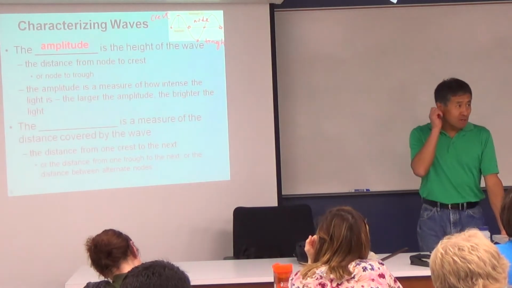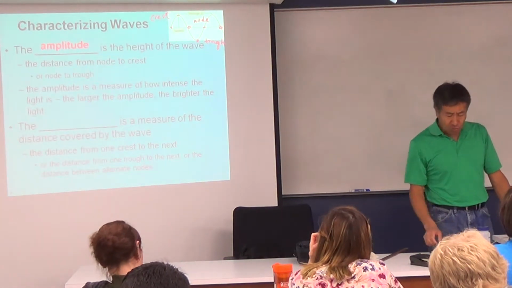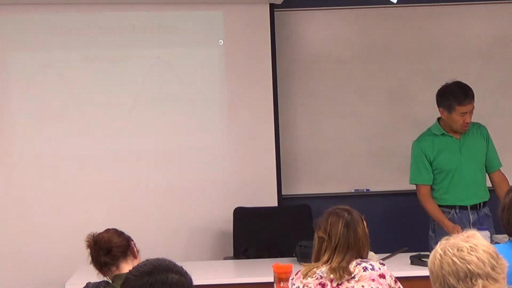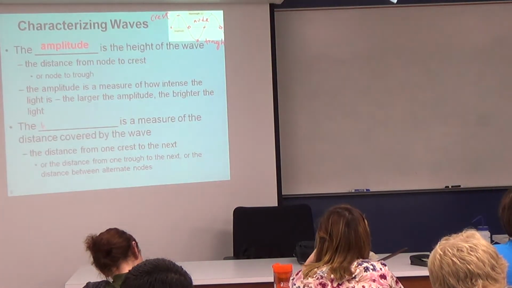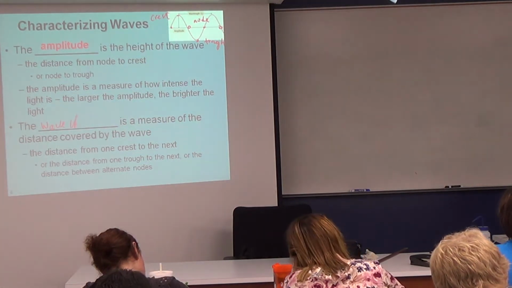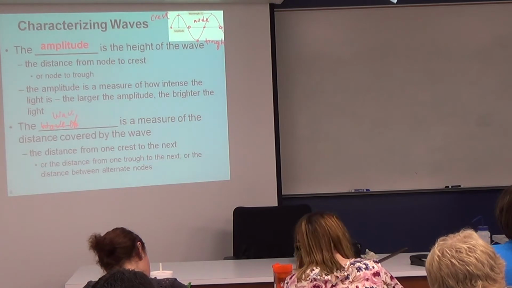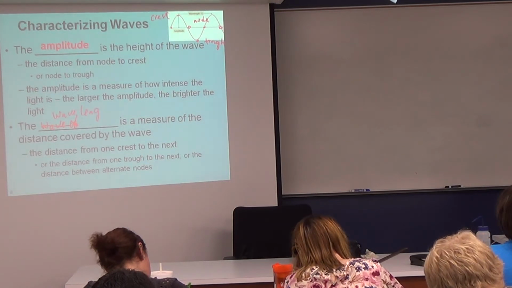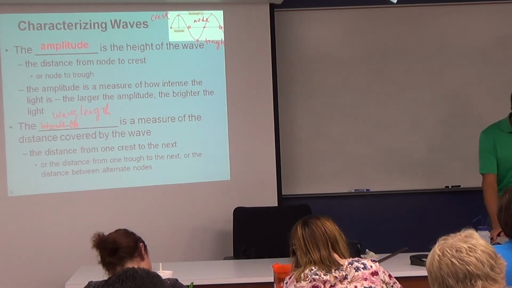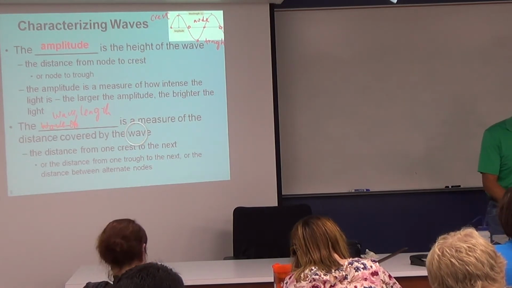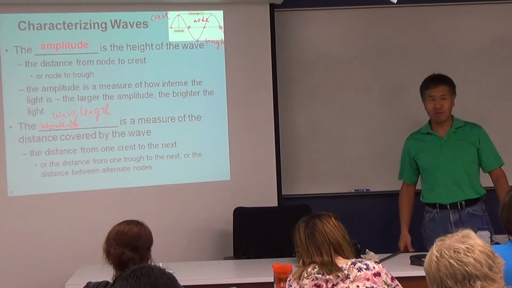Right. So another characteristic about a wave is wavelength. L-E-N-G-T-H, it is one word. That's wavelength. It is the measure of the distance covered by the wave. So what do you mean by the cover?